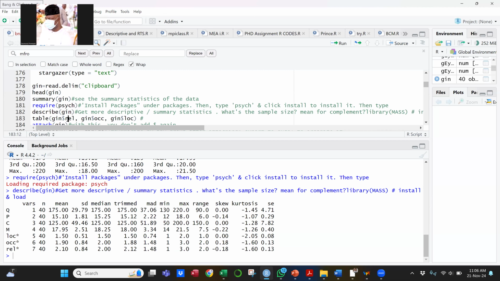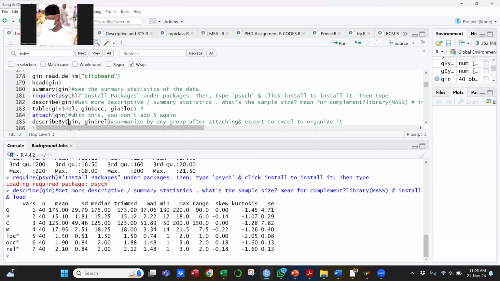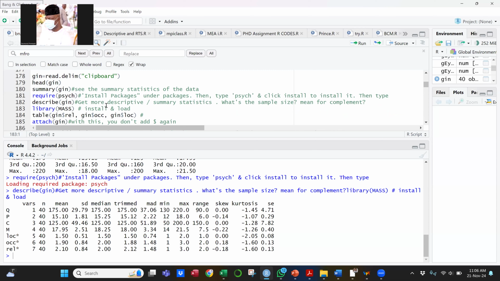Another command you can now deal with is if you want to generate a contingency table. Guys, this command, you may not have it in your notes, so you may have to type. This command 183 I have here. You have to install a package called library mass.